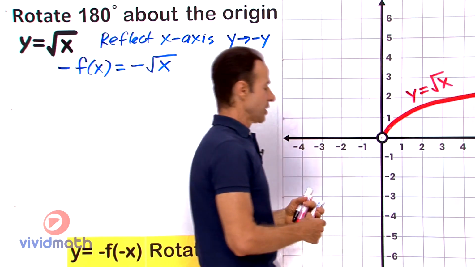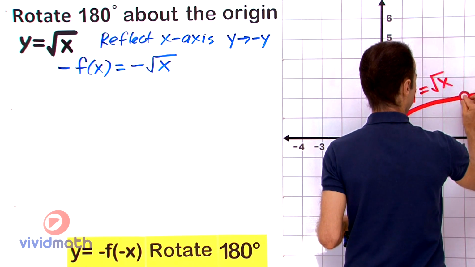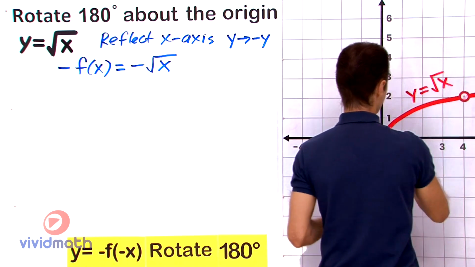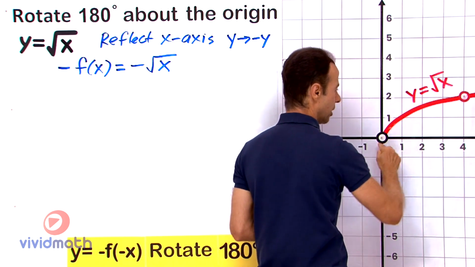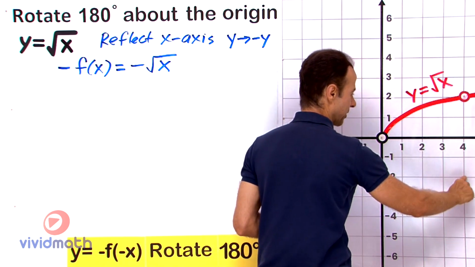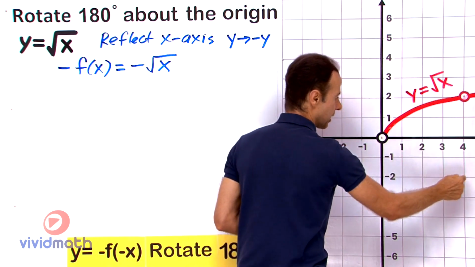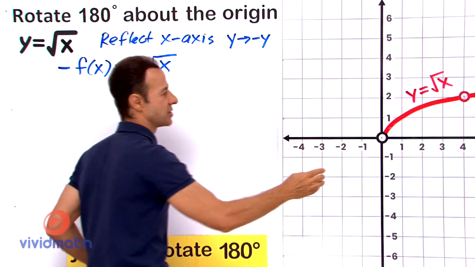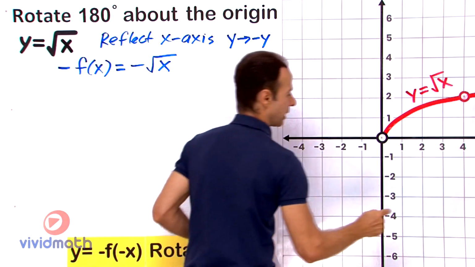So let's test where this point here is. We've got the point up here, right there. That's 4, 2. Then we should come here and find a point for negative 2 right about there. We should have the reflection coming down there, starting at the origin. But let's test it. Let's test x equals 4 to make sure that we're going to get negative 2.